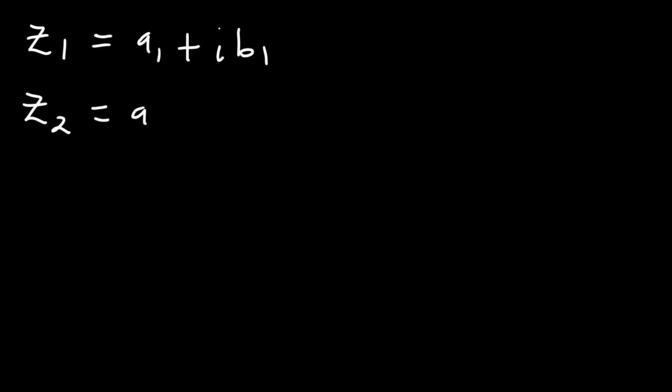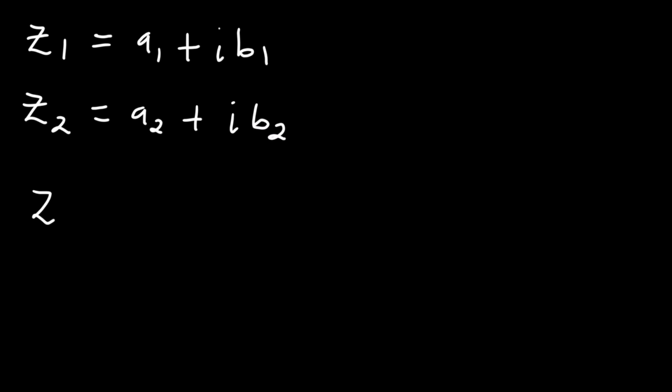Now let's look at subtraction of complex numbers. Let's say we have the complex number z1 equaling a1 plus i b1, and z2 equaling a2 plus i b2.